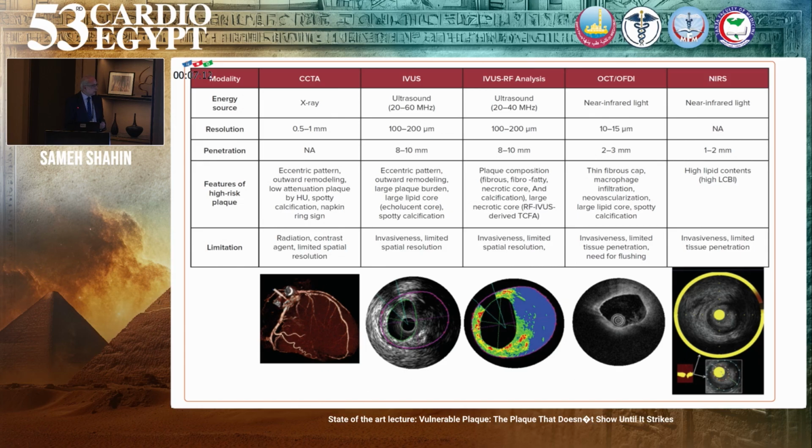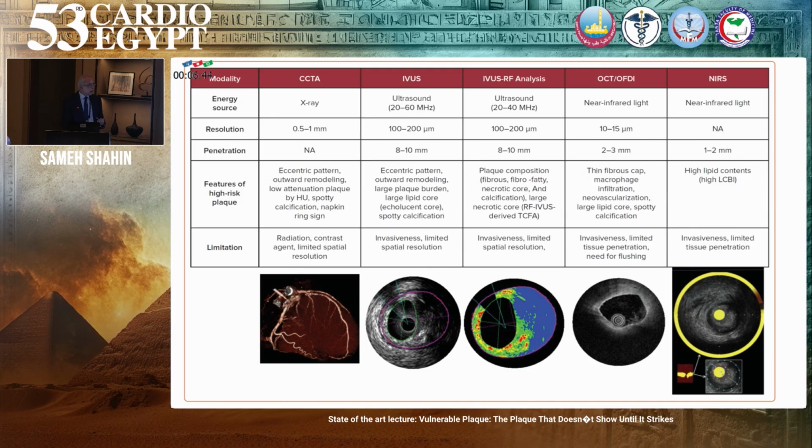But all other tools that we can use are invasive in a sort. And I think that we will have later in this session a debate about which is more accurate, if you wish, the non-invasive versus the invasive tools: the IVUS, the virtual histology IVUS, the OCT, and the near-infrared spectroscopy.